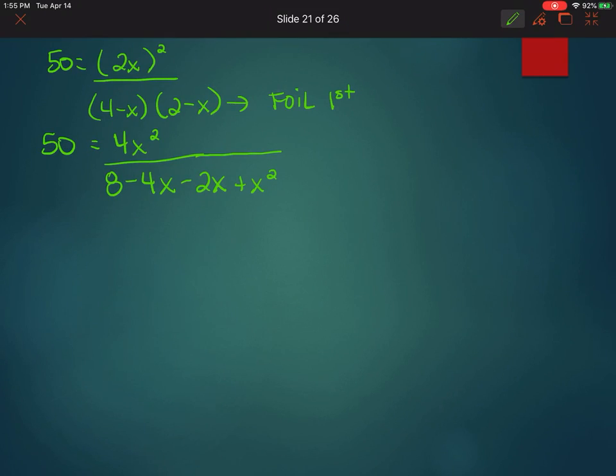Okay, there's the FOIL. Now you can even think of it like cross multiplying, or multiply this up. And I'm going to collect the like terms in the middle here as I do that. So negative 4 plus negative 2 is negative 6x.